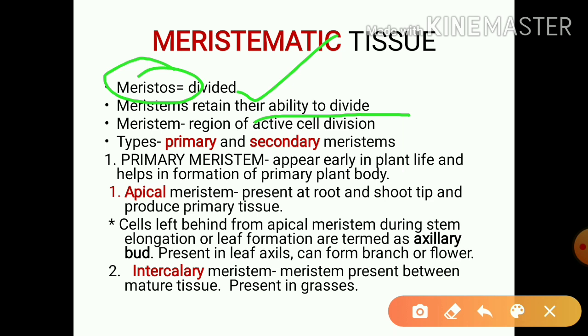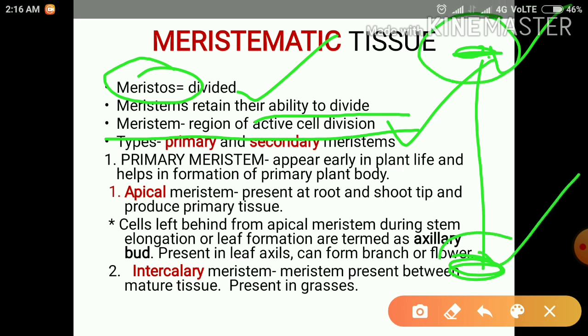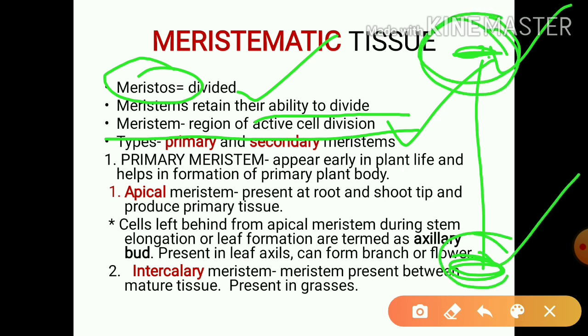As I have already told you that this tissue is responsible for the growth of the plant, so it is understood that it is present in the region of active cell division, and the tips of the plant, that is uppermost tip and lowermost tip, they are most active. Cell division is most active in these two regions, this shoot tip and this root tip.